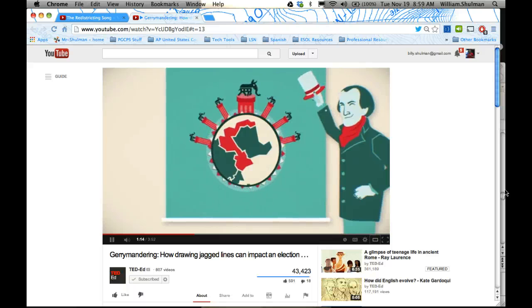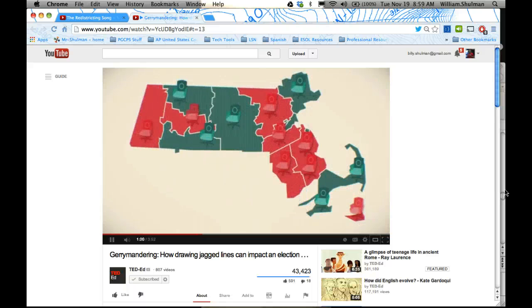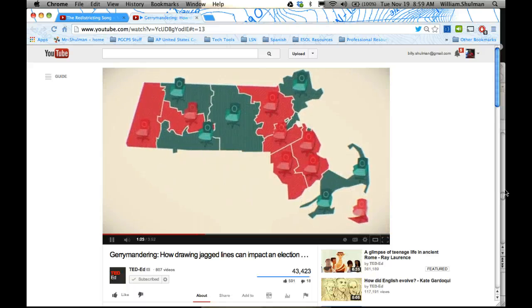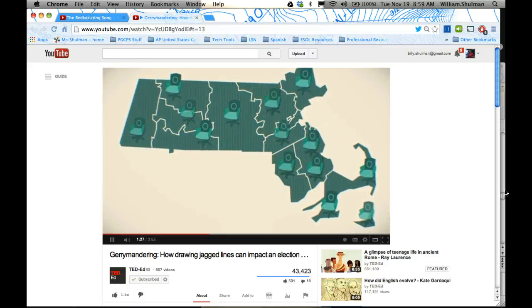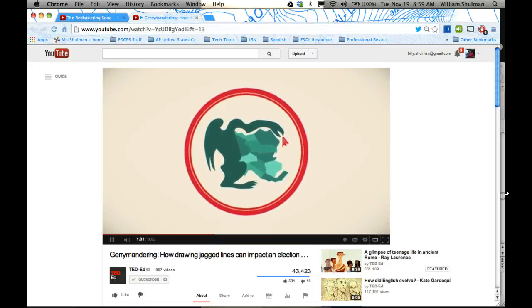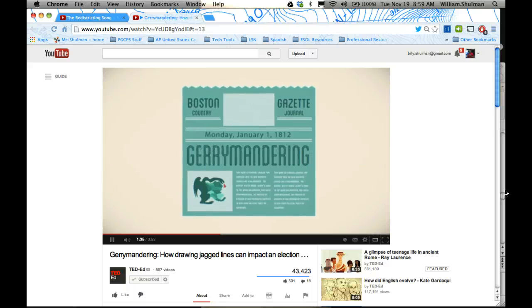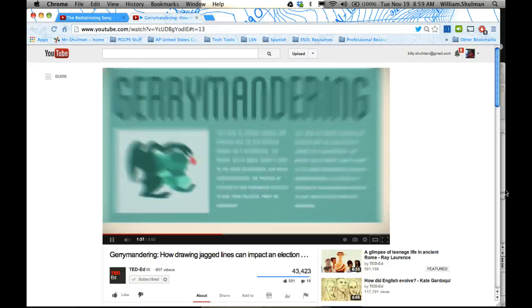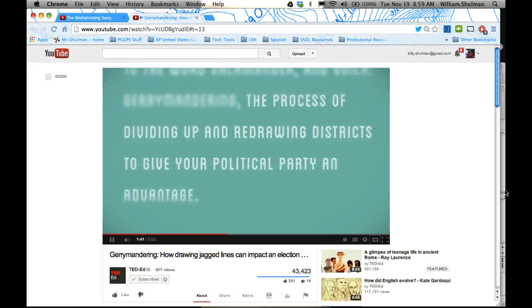You see, Gerry wanted his party to win as many state Senate seats as possible. The more members of your party who vote, the more likely you are to win an election. The new lines were drawn to include loads of areas that would help Governor Gerry in the future. They were so strange looking that someone said the new districts looked like a salamander. The Boston Gazette added Gerry's name to the word salamander, and voila! Gerrymandering, the process of dividing up and redrawing districts to give your political party an advantage.